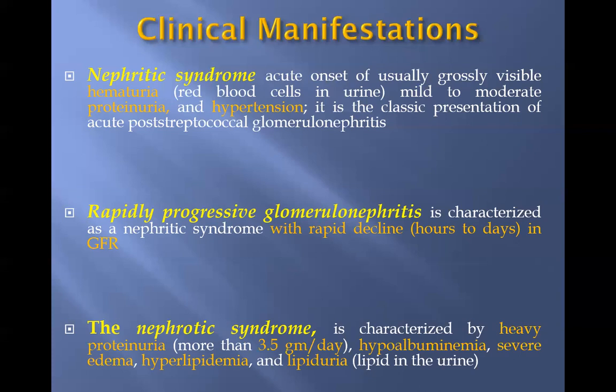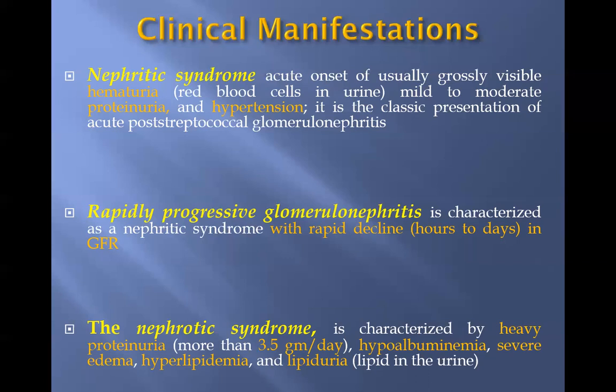Then nephrotic syndrome, the third one, characterized by heavy proteinuria. Here it is mild to moderate, but there it is heavy proteinuria, more than 3.5 gram per day. Hypoalbuminemia: when protein is excreted, the blood albumin level will decrease. Severe edema, because the oncotic pressure is less, so fluid accumulates in the extremities.